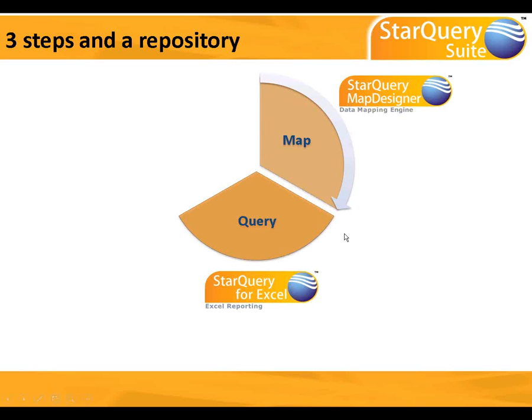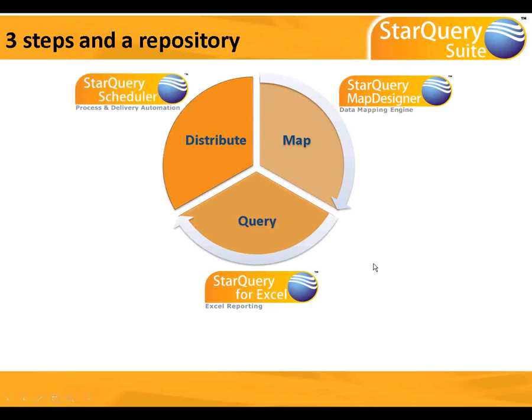Then you can query your database to extract data. That's the advanced users who will do that. And then there's an automation tool called StarQuery Scheduler, which distributes and delivers the results through emails, through a certain number of actions.